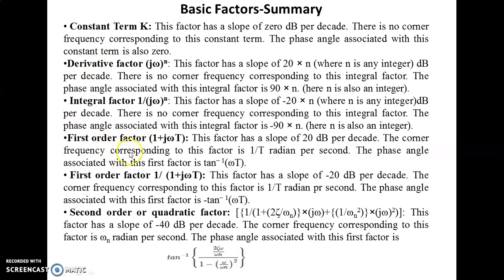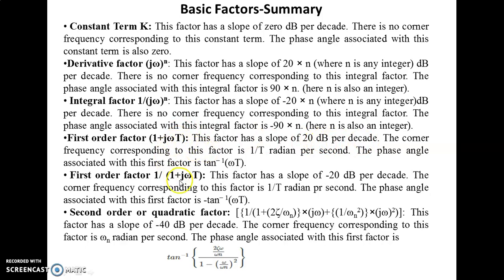If you are taking first order factors, 1 plus s tau or 1 by 1 plus s tau, and second order factors, these have corner frequencies. The slope is plus 20 dB per decade if it is a numerator factor.